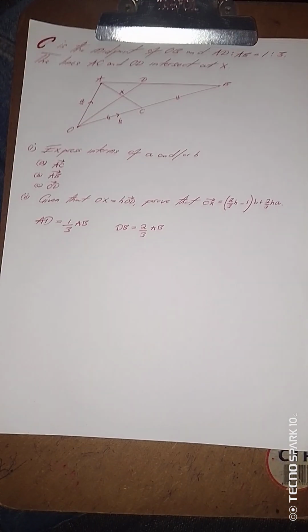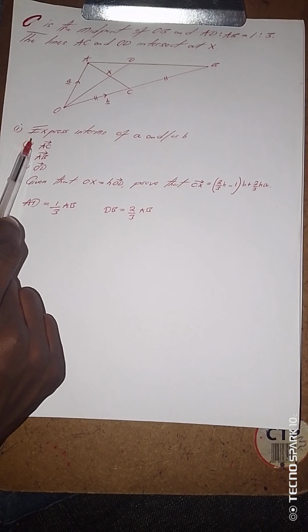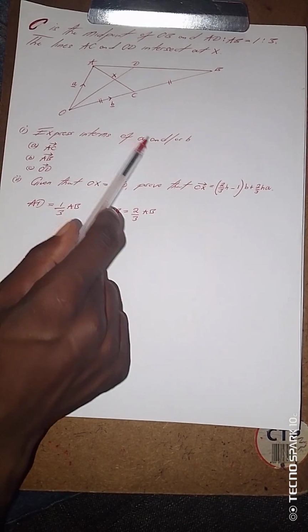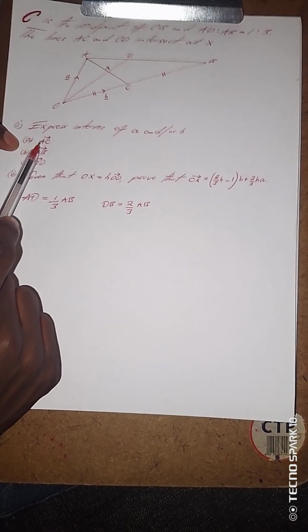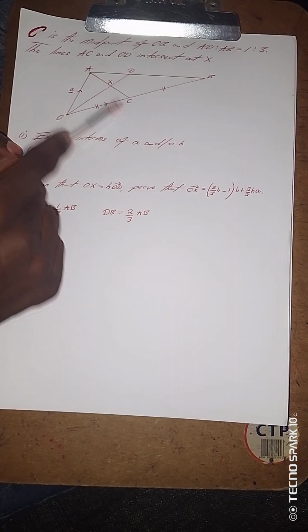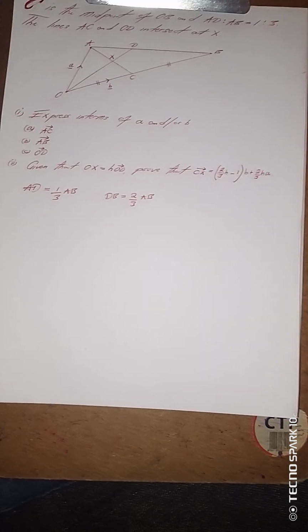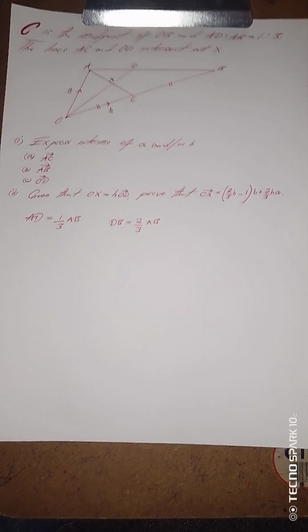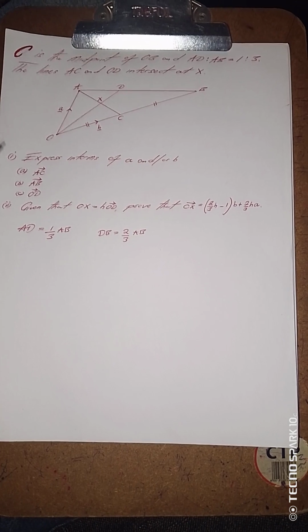Now the first question says: express in terms of a and b, AC, this distance. They're asking us about this distance AC. In vectors, what we do is we move in the directions where it has been given.